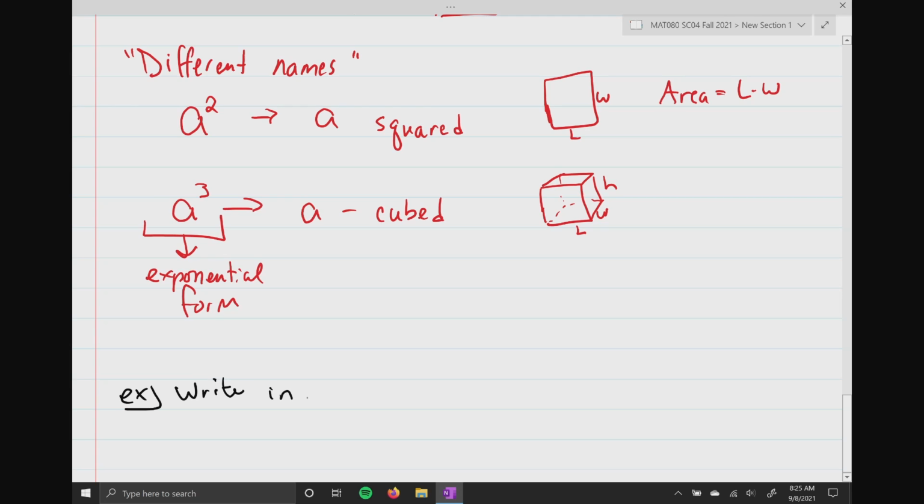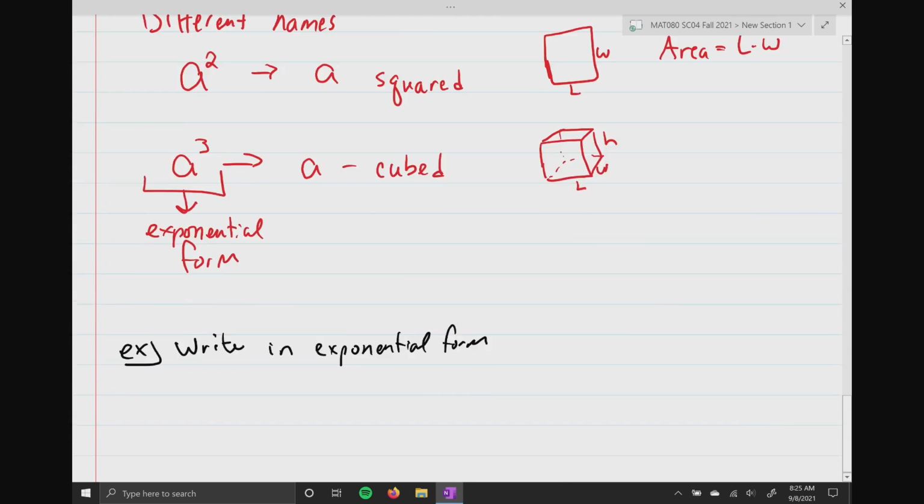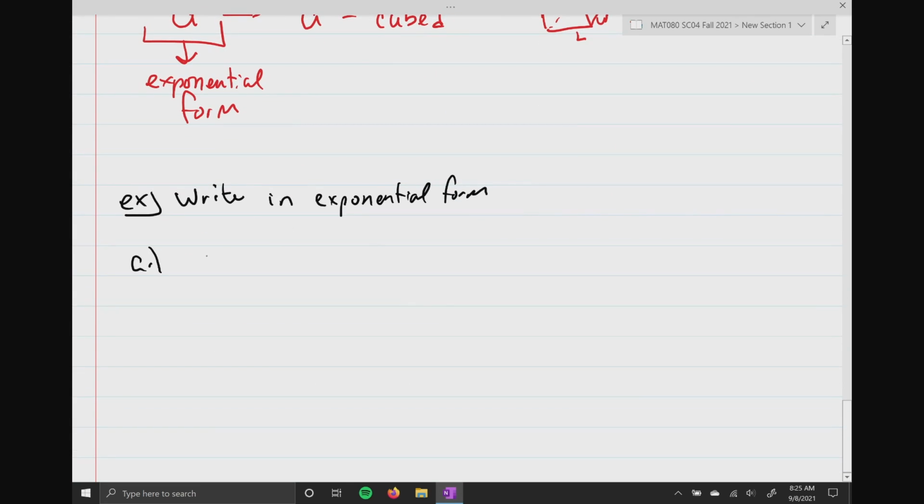Write in exponential form. I'm writing the number 3 a lot today. All right, so go ahead and do those 3.